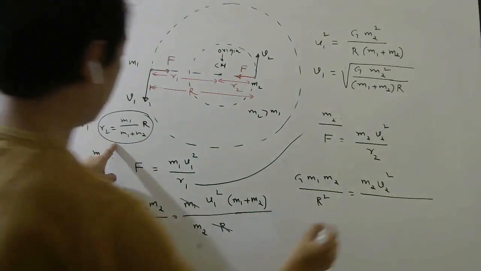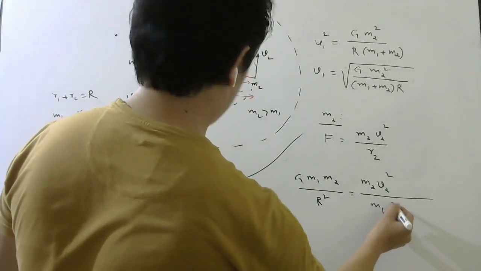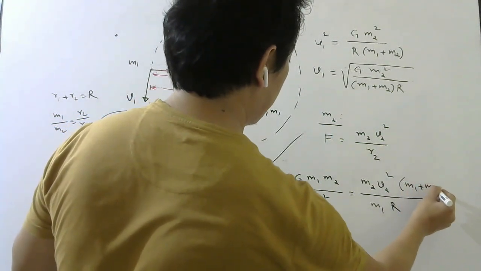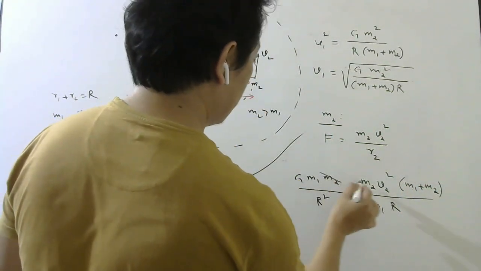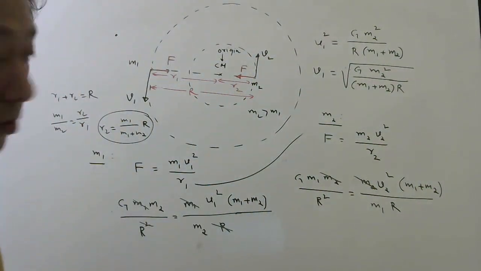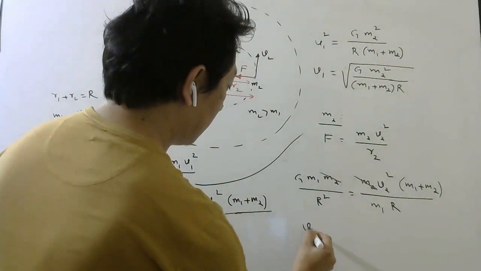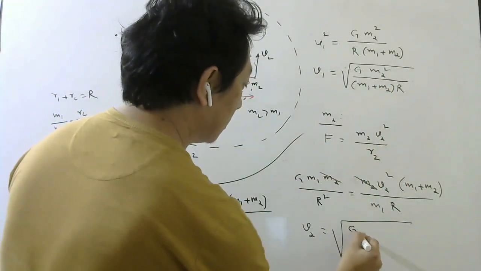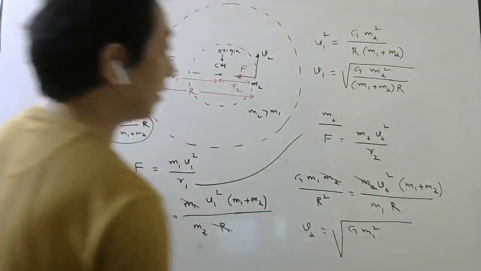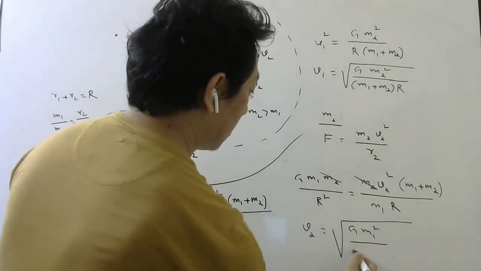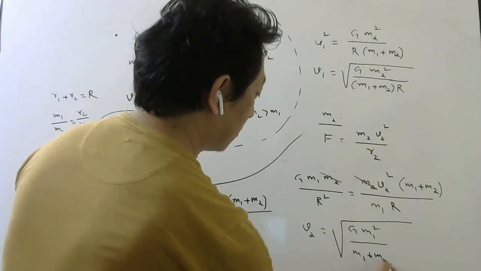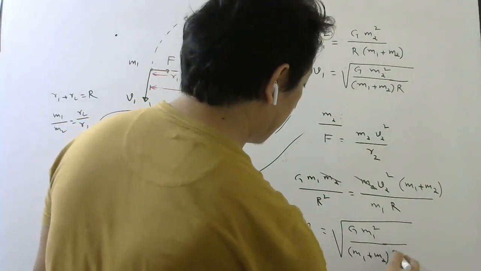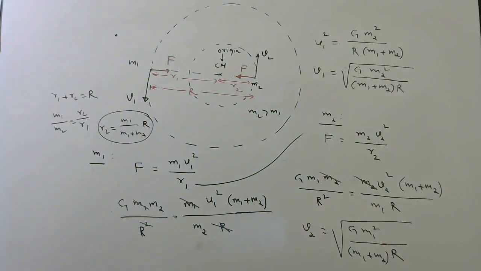So r2 will be m1 R over m1 plus m2. So I lose m2. We cross multiply, and v2 will be root over a similar formula: G m1 square divided by m1 plus m2, into, divided by R. Right? Okay.